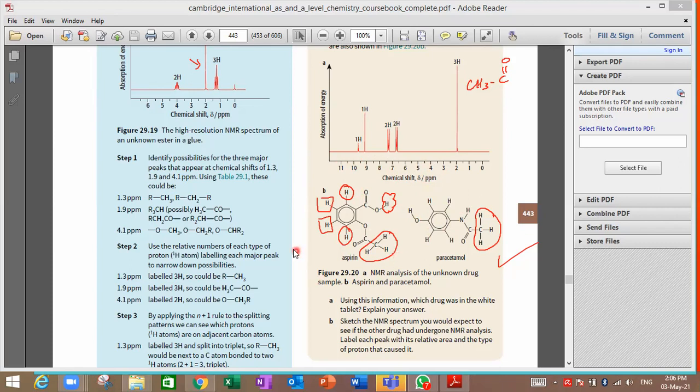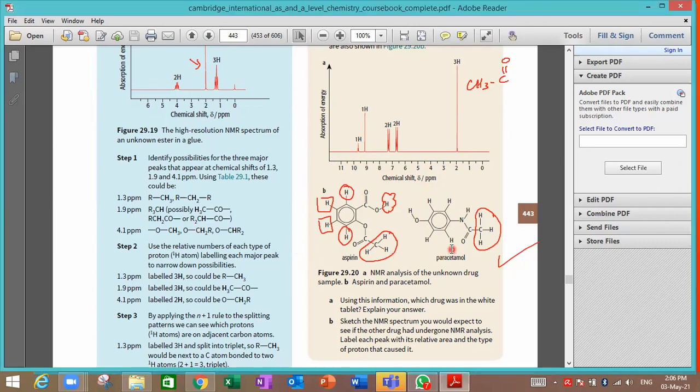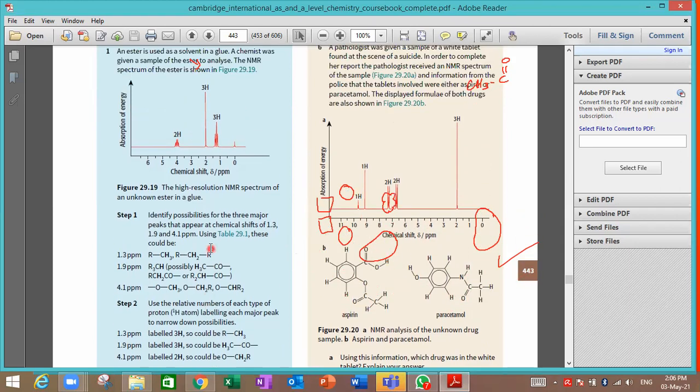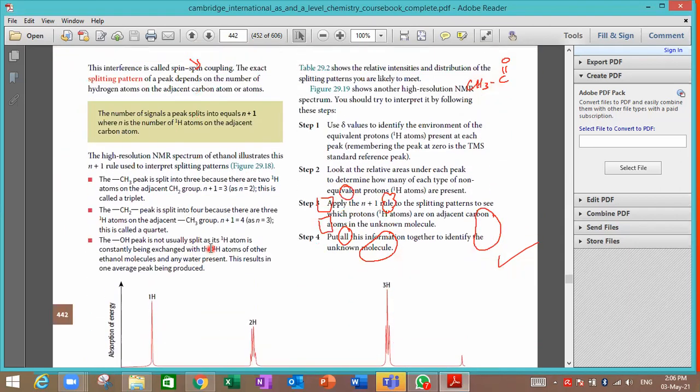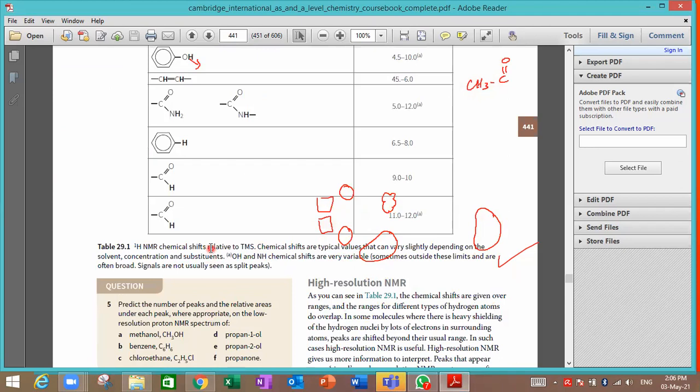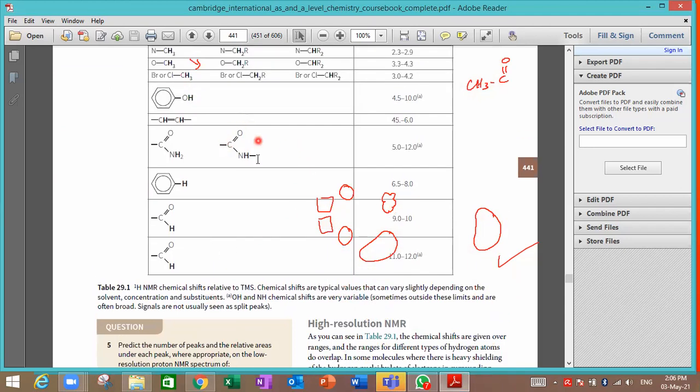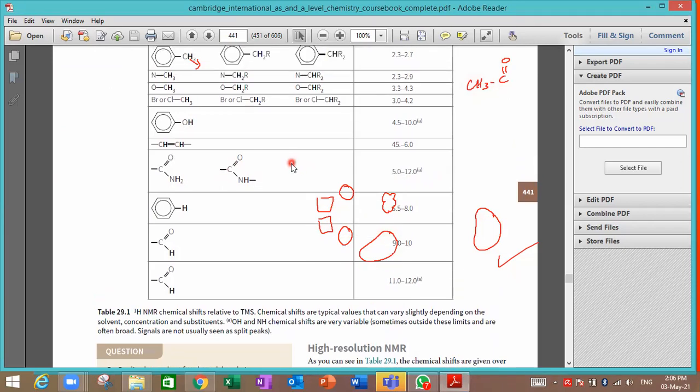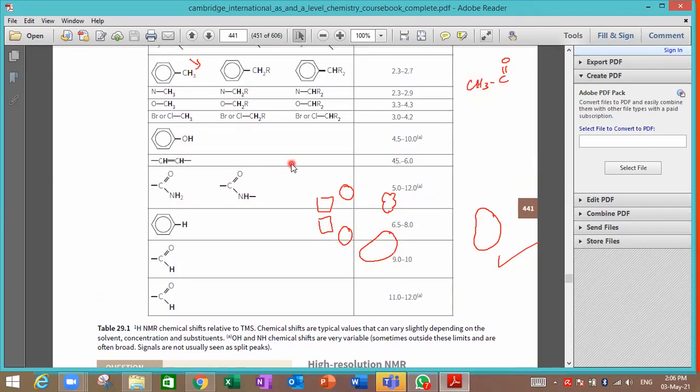Both appear in the same place, but here the N is bonded to a C double bond O. So I'm going to see, will it affect if I have an NH bonded to a C double bond O? You see, it will appear between 5 and 12. It's a wide range between 5 and 12. And the OH, we had an OH bonded to a ring.